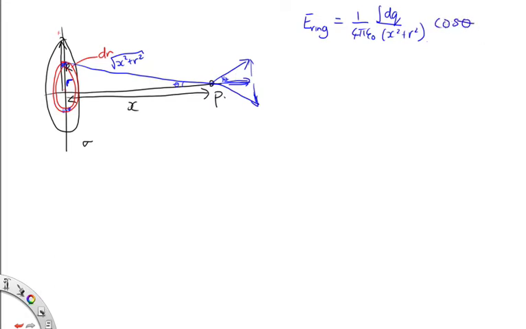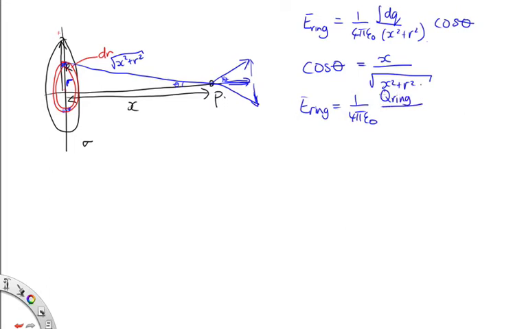Okay, now let's come up with another expression for cos theta. Using this triangle here, cos theta is adjacent over the hypotenuse, so x over the square root of x squared plus r squared. So we can substitute this in here. So the electric field for the ring is equal to 1 over 4 pi epsilon naught, and let's just let the sum of all the charges around the ring be Q ring at the moment.